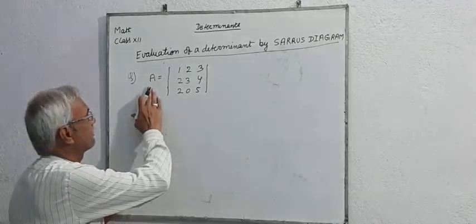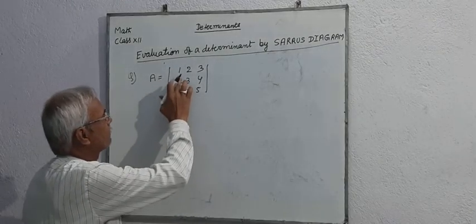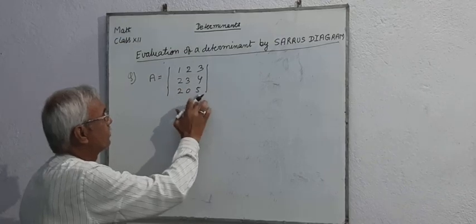Now taking an example, determinant A equal to 1, 2, 3; 2, 3, 4; 2, 0, 5.